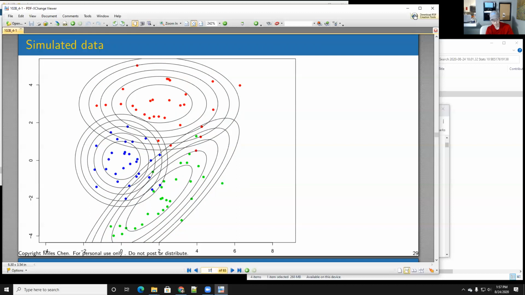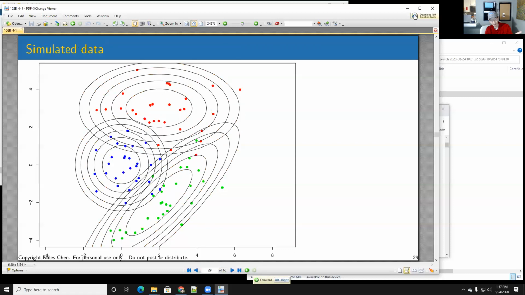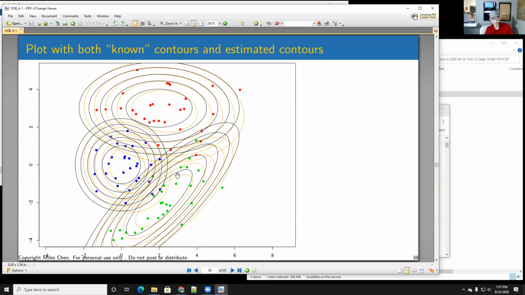And so when I estimate them, the estimated ones fit the observed data a little bit better, right? So if I look at this versus this, we can see there's a little bit of difference. And if I plot them over each other, we can see how much they deviate by, okay?